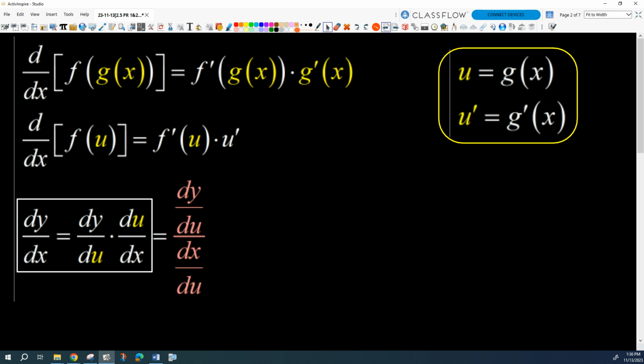Okay, did we do anything different? No, not really. It's the same thing we did up here, but it's just a more convenient way to think about it. If we're saying y is being replaced by the function f, dy/du is really just f prime of u, right?